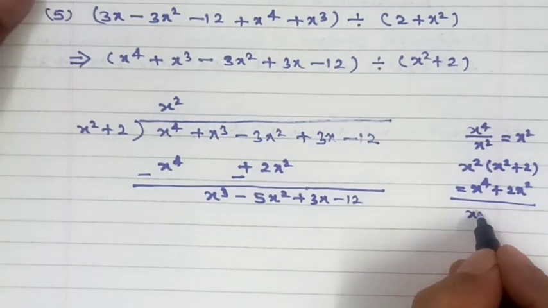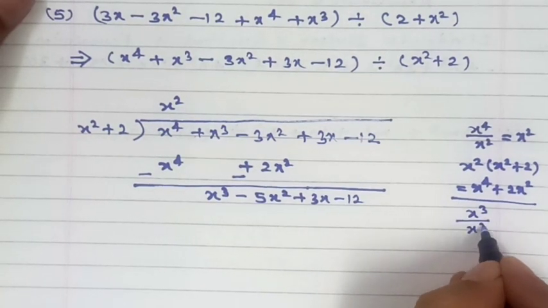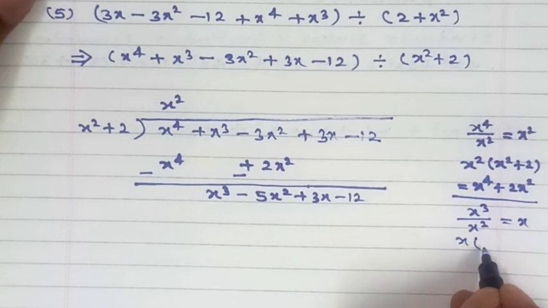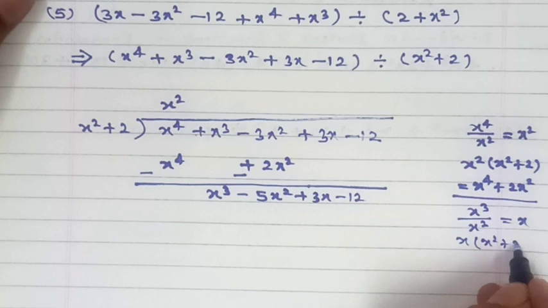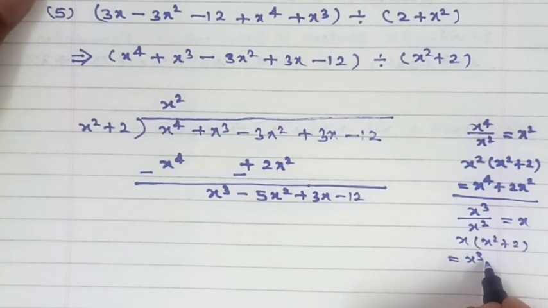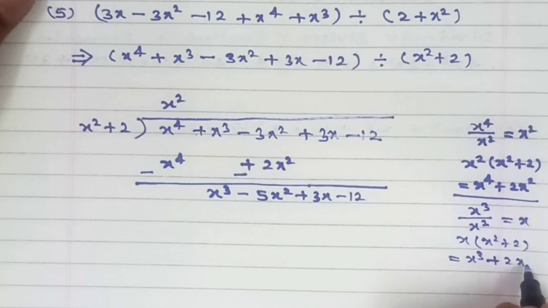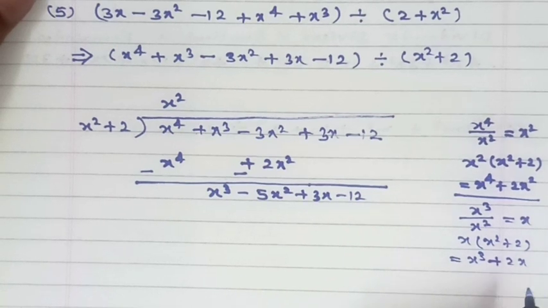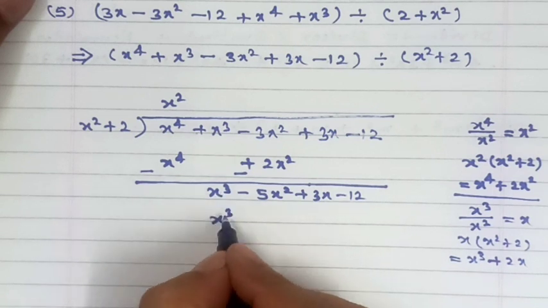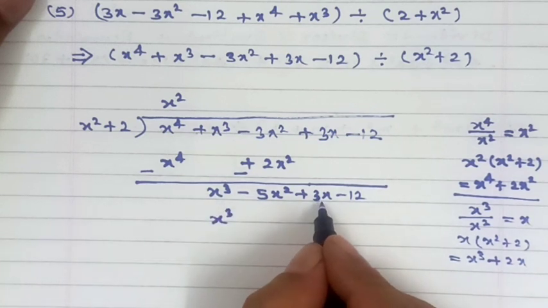So x cube you divide by x square, you will get x. Then again x you multiply to x square plus 2, you will get x cube plus 2x. So you got x cube, which you are going to write below x cube, and 3x here.